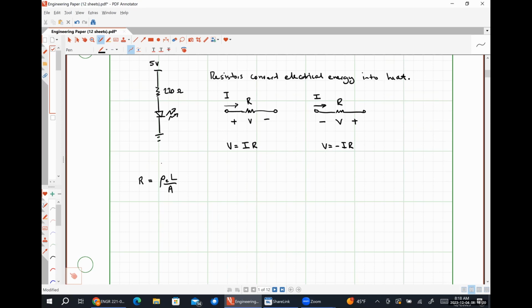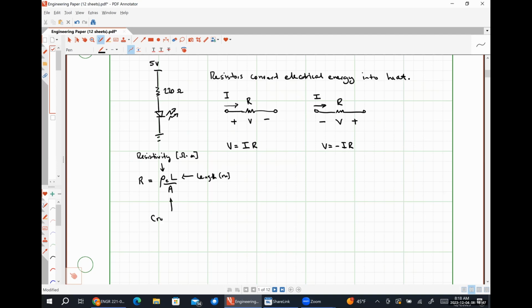So this rho sub E right here is what's called the resistivity of a material. And it's usually measured in ohm meters or ohm centimeters. L is just the length, arbitrarily measured in meters.